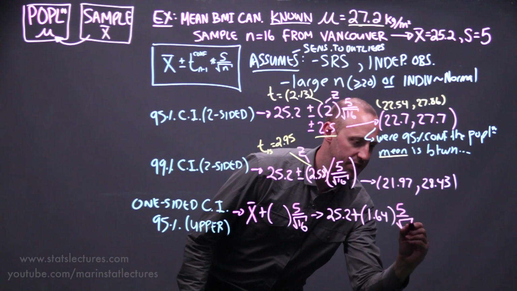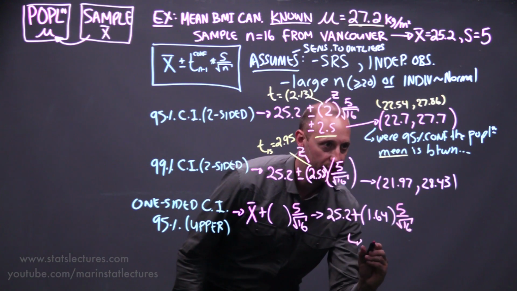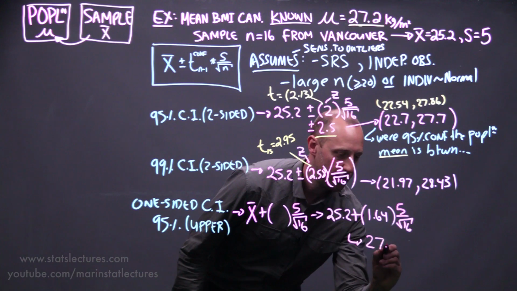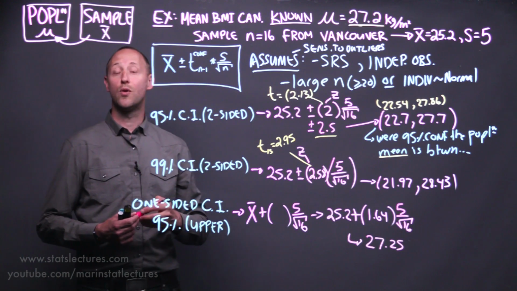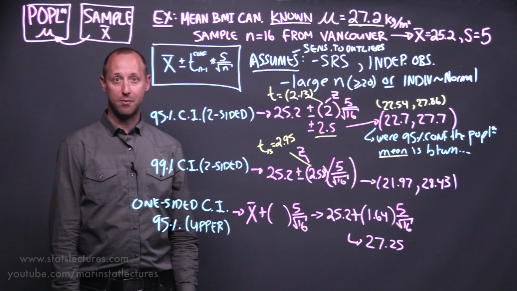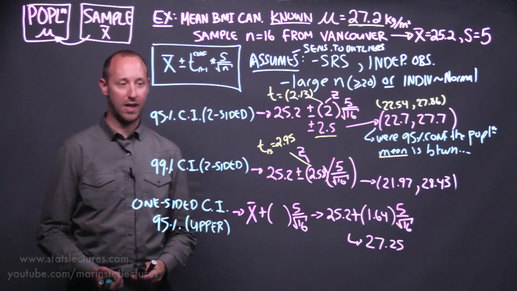Again, multiply this by the standard error, and that is going to give us an upper bound of 27.25. So here we can say we're 95% confident that the mean BMI for Vancouverites is 27.25 or less.